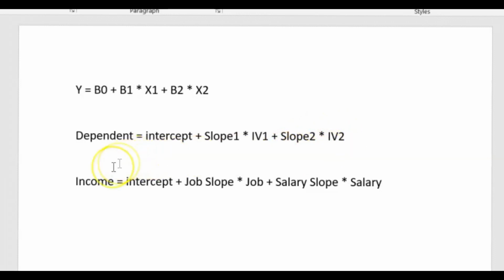So in this case, income is the intercept plus the slope of job times the job level plus the slope of salary times the salary level. And if we would just fill in this formula, we would get to the answer.